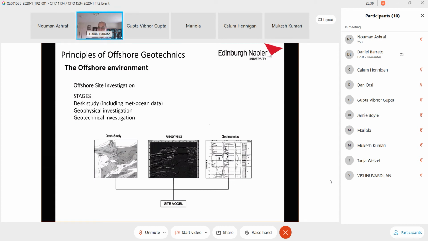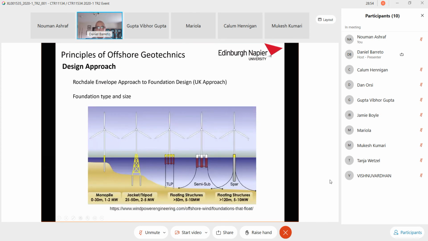So it becomes the basis of everything we're going to do next week, that little image, which is a CPT test result. So there we go.